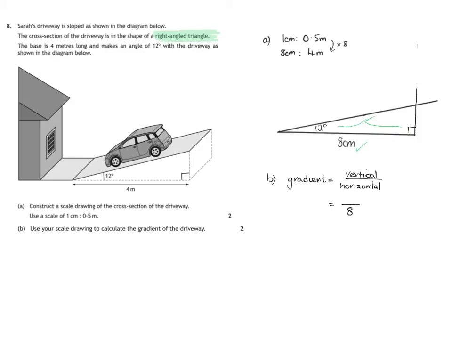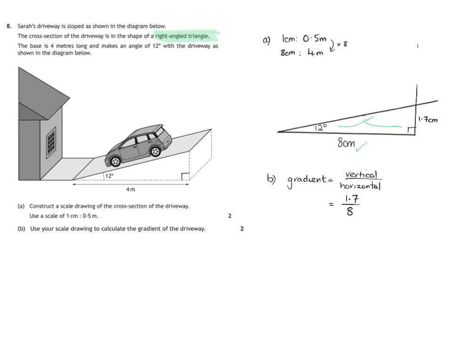We don't know what our vertical is, so we need to measure it. When I measure mine, I'm getting 1.8 centimetres, or 1.7 centimetres. Whatever you got on your diagram, that's okay. So here I get 1.7 over 8.